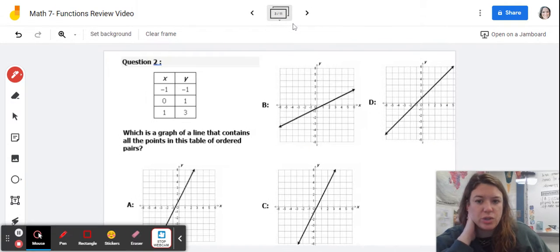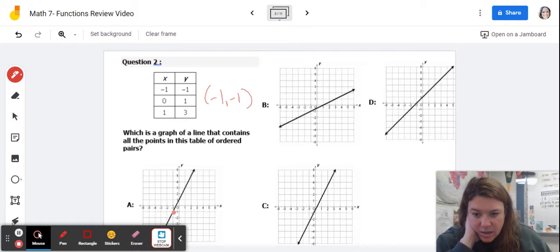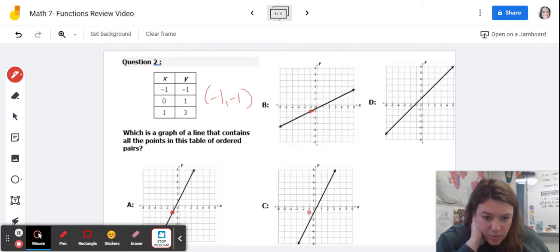All right, question 2 looked like this, which is a line that contains these points. You guys, you're just listing these, they are a list, and now you're going to plot them on the coordinate plane. So -1, -1 is a point. And we can see, is it plotted on this graph? It is. So it might be A. -1, -1. Oh, it could be B. -1, -1.